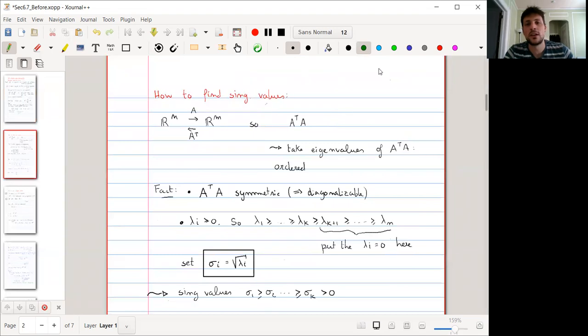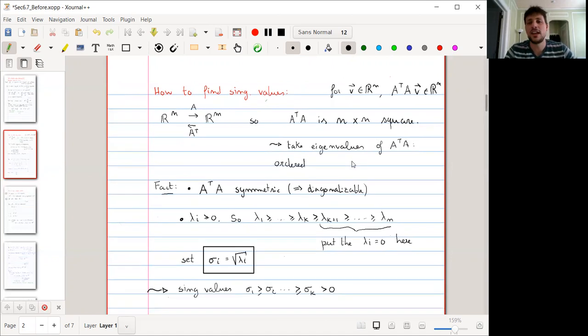In other words, for v in Rn, A transpose A v also belongs to Rn. So the size of the matrix A transpose A is n by n, and it's a square matrix. Since it's square, we can look at its eigenvalues because we know what an eigenvalue is for a square matrix. And I'll find the eigenvalues of this, and I'll write them down in order from the biggest to the smallest.